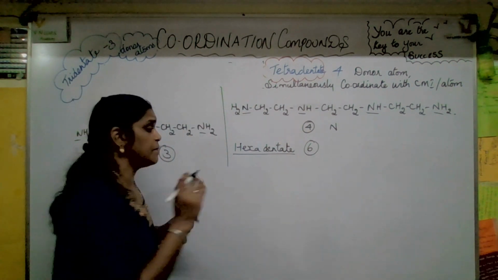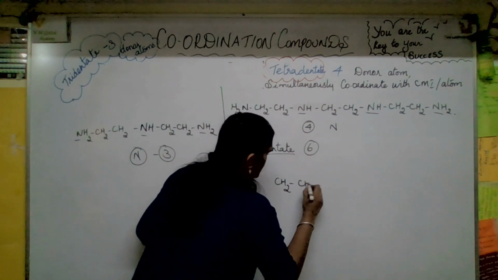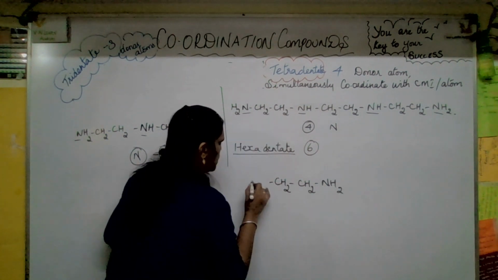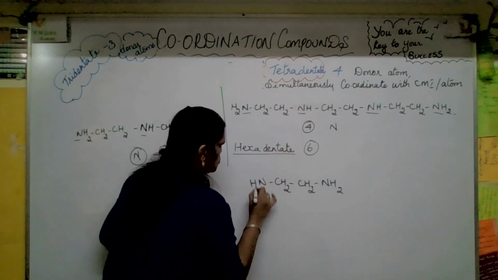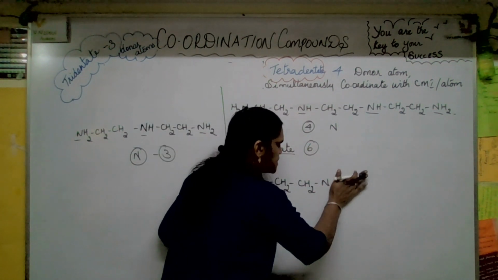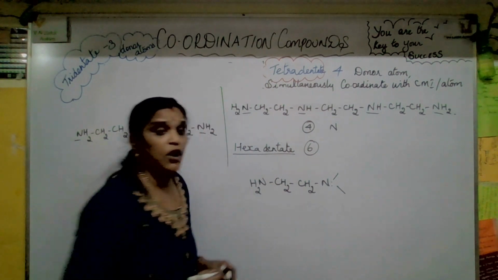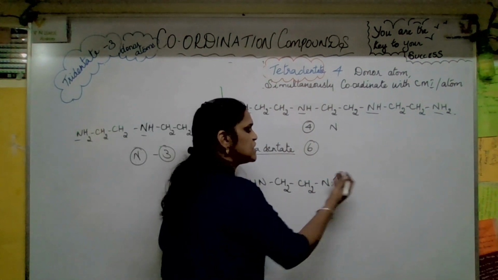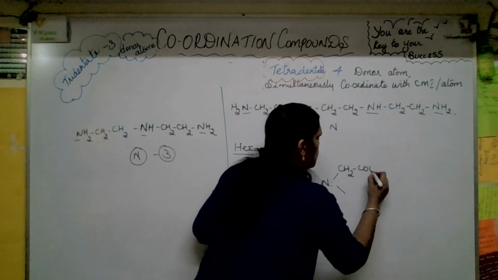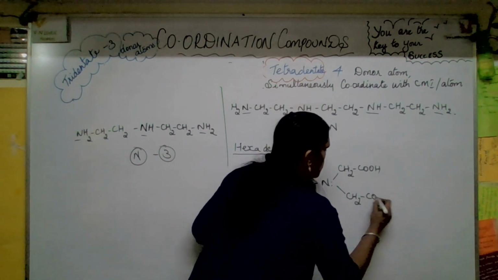Ethylene diamine, you remember: CH2 CH2 with NH2 on each end. Removing two hydrogens, you attach two molecules of acetic acid, CH2COOH, on each nitrogen.